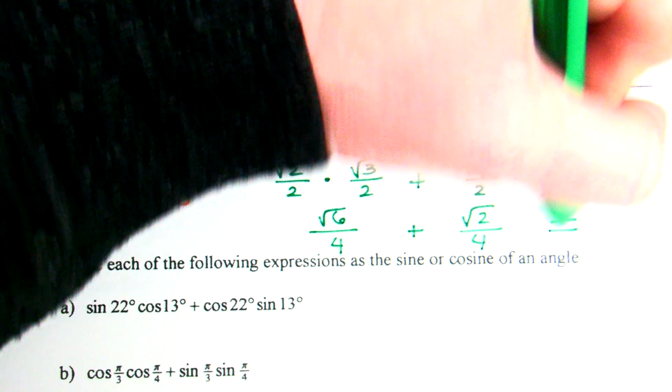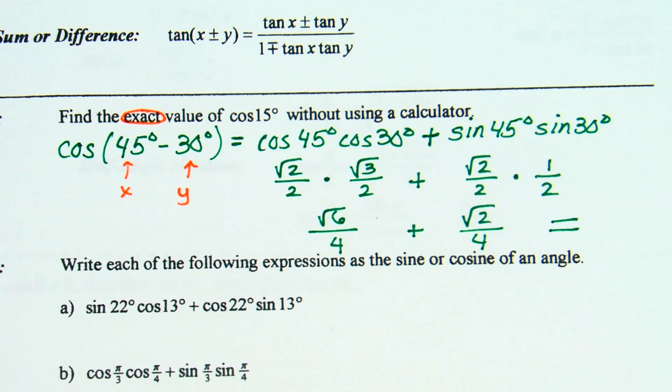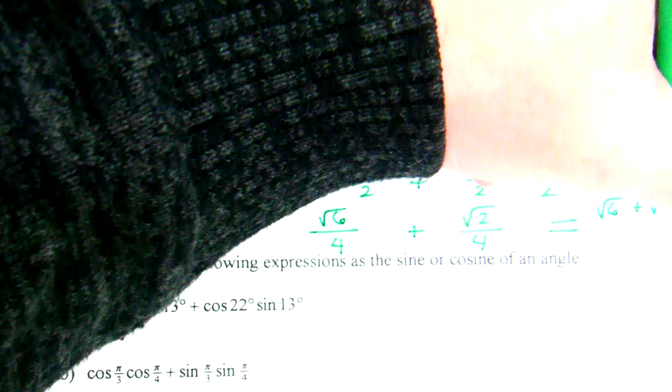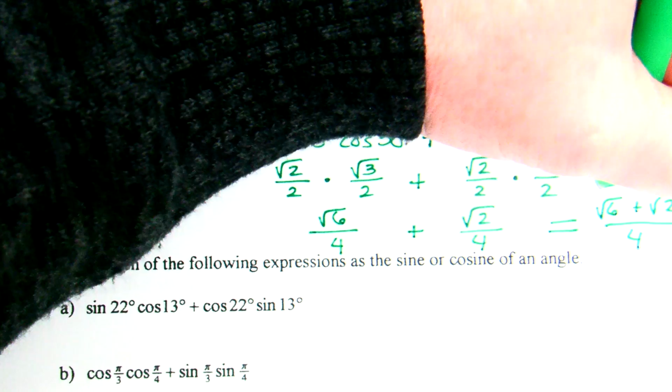Usually the answers are written as one fraction. So what is square root of 6 over 4 plus square root of 2 over 4? Square root of 6 and square root of 2 are not like radicals. So we're going to write it as square root of 6 plus square root of 2 all over 4. That is your answer.